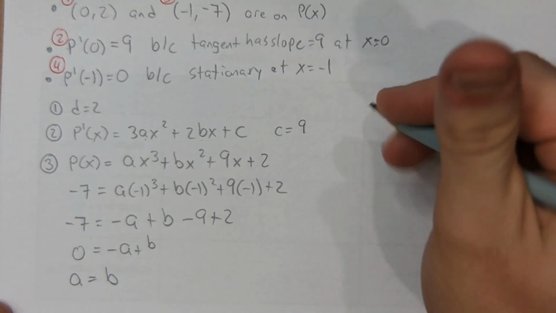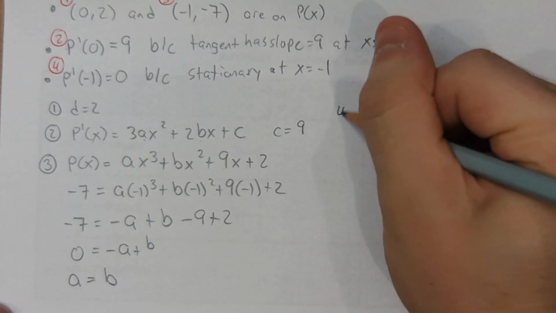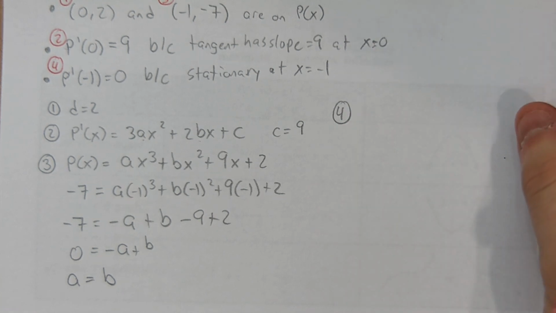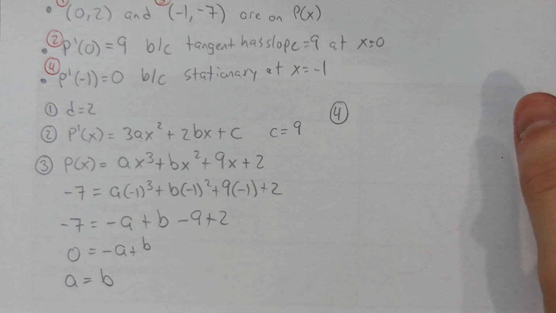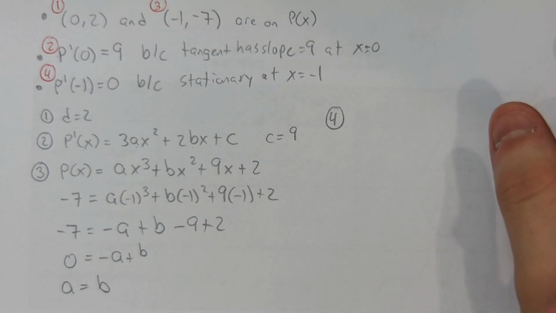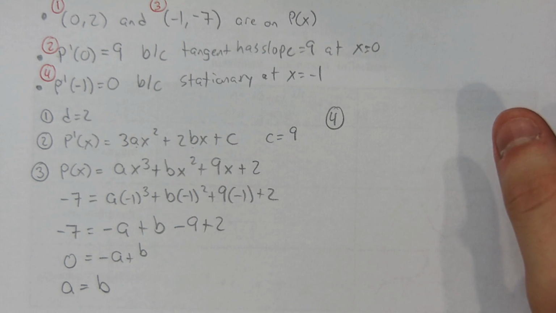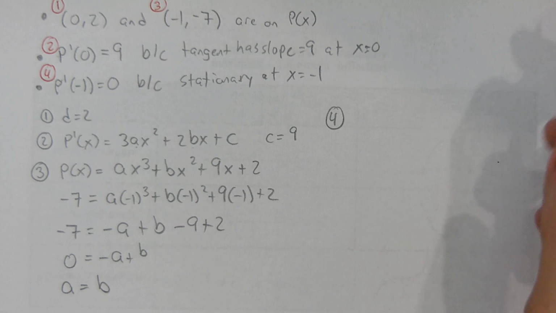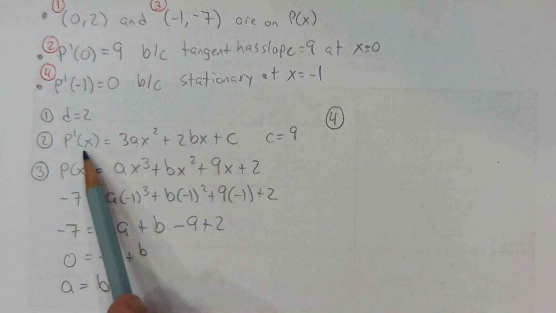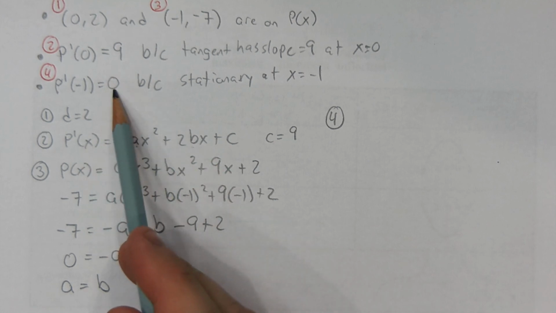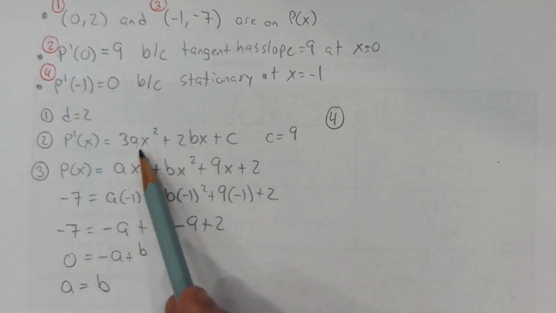Last clue. Clue 4 gave us a point on the derivative. So we can plug in -1 into the derivative and it will give us 0. Powerful stuff, folks. Okay, so again, we have our derivative right here. Let's see what happens when we plug in -1, and we know it's going to equal 0. We're using this as a y value here, this is an x value here.